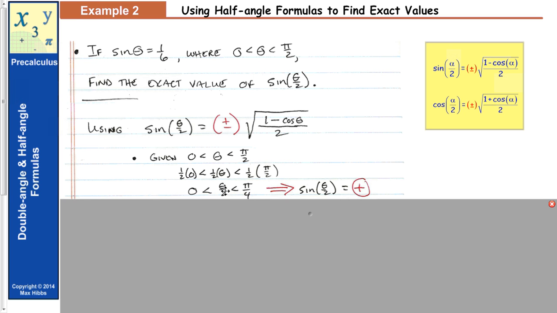So the angle theta over 2 is between 0 and pi over 4, and since that's in the first quadrant, the sine of theta over 2 is going to be positive. Now back to deciding what the cosine of theta is.